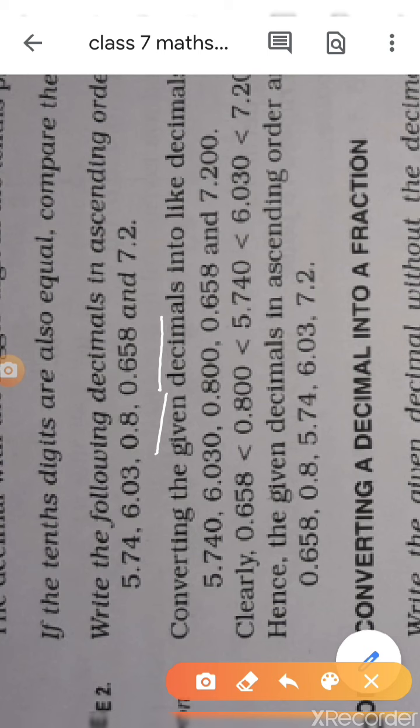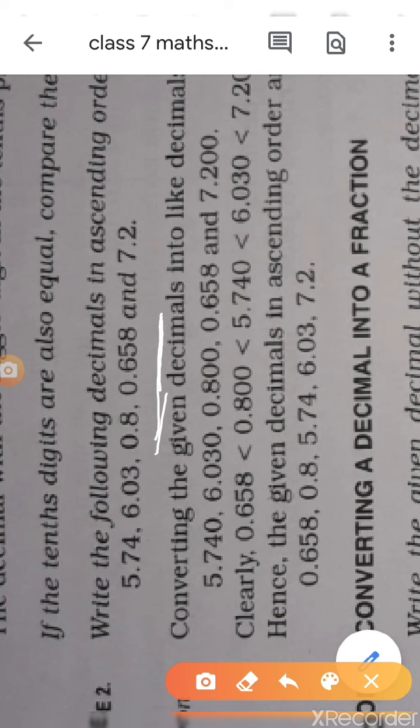Out of these two numbers, 0.8 and 0.658, we see the leftmost digit: 8 in the first one and 6 in the second one. And you must know that out of 6 and 8, 6 is the lower number. So out of all these numbers that we have to arrange in ascending order, 0.658 is the lowest or smallest decimal number. So 0.658 is the smallest.